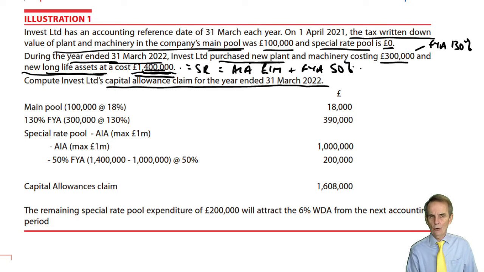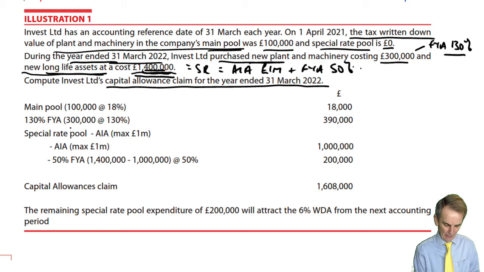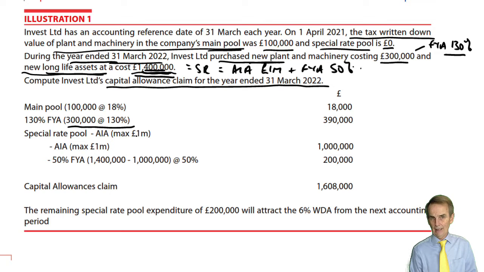We now need a special rate pool here. There was 0 brought forward. We didn't have one up until this point, but that would now be created. No WDA this period, as we've said, but next period we'd start to take the 6% WDA. So what have we got here? There's your FYA of 130% on the £300,000 of qualifying spend for normal plant and machinery, so 390,000.